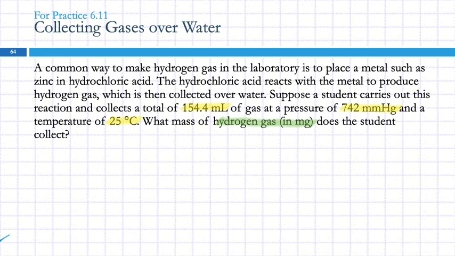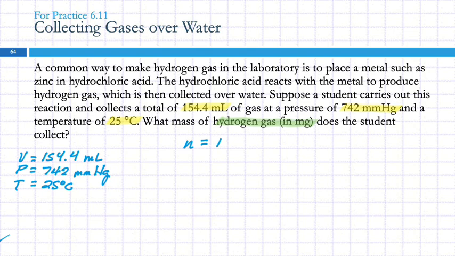So I've got some numbers over here: 154.4 milliliters, my volume; 742 millimeters of mercury, that's pressure; 25 degrees Celsius is my temperature. So the moles of hydrogen, we're rearranging it, PV over RT again.